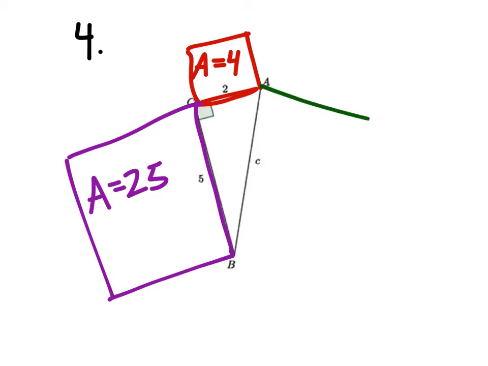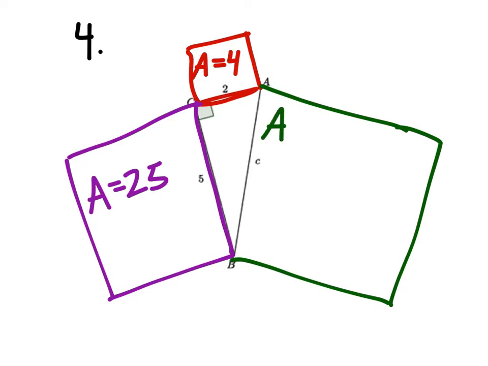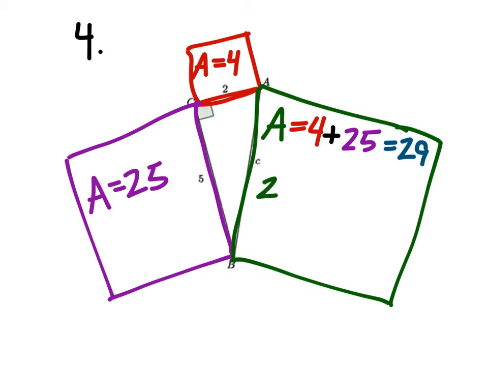So if I look at the area of this hypotenuse as a square, it would have an area equal to the two small areas added together, 4 and 25. And that gives me an area on this square of 29 units squared. But I want the length of this hypotenuse, which is the side length of that square. So I take my 29 and I square root it, and then I have the length of that hypotenuse right there.